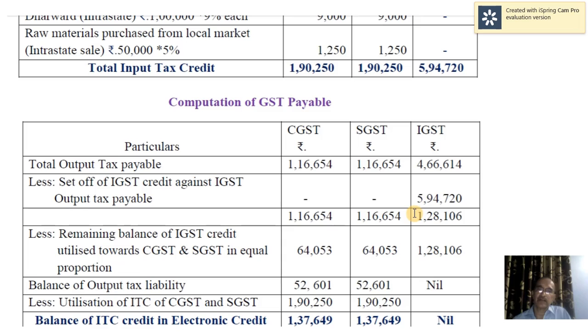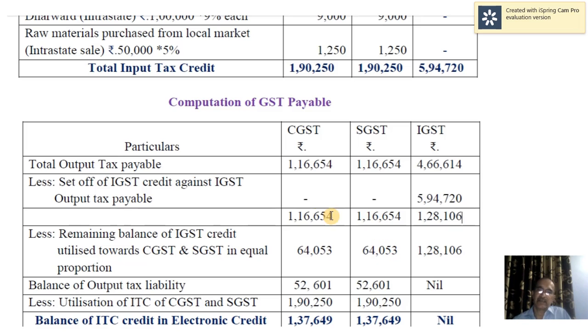For example, this can be utilized towards the payment of CGST, then the remaining amount can be used here. Or this can be utilized here first, then the surplus amount, if any, towards CGST. Or it could be utilized towards the payment of both CGST and SGST in any proportion.